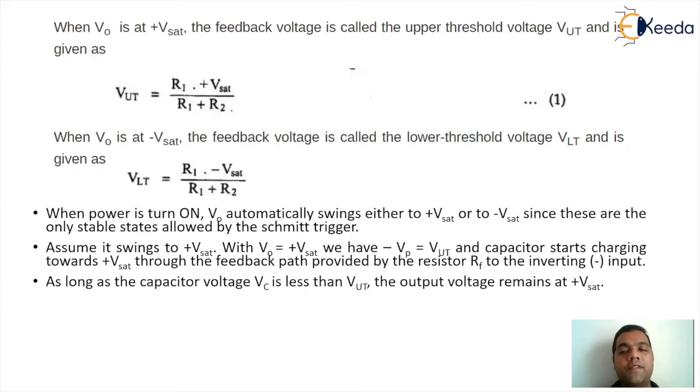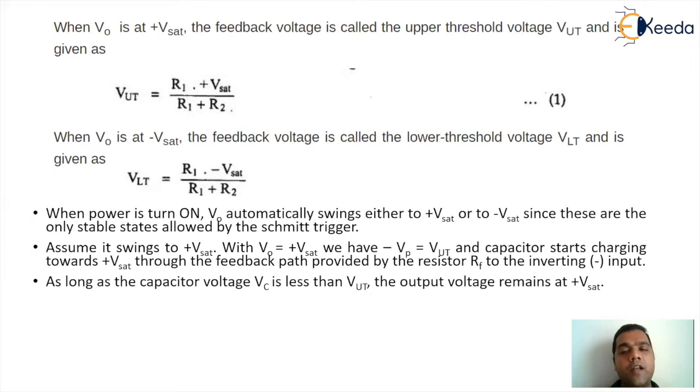The output of the system will be switching from plus Vsat to minus Vsat and back as the capacitor keeps charging and discharging with respect to the reference levels defined by the upper threshold and the lower threshold. If both the resistances R1 and R2 are the same, then the upper threshold value will become plus Vsat by 2 and the lower threshold value will become minus of Vsat by 2.